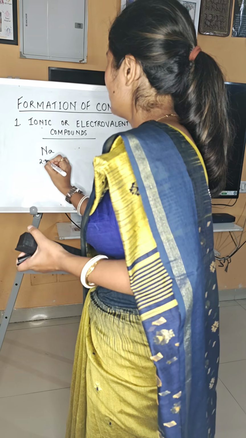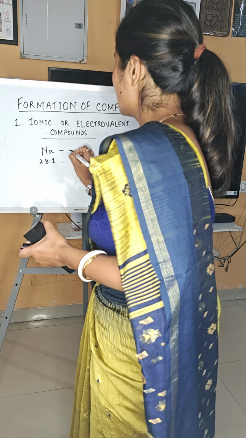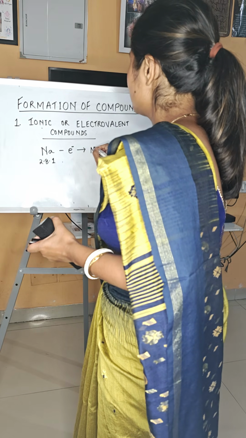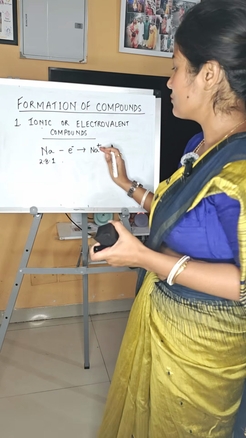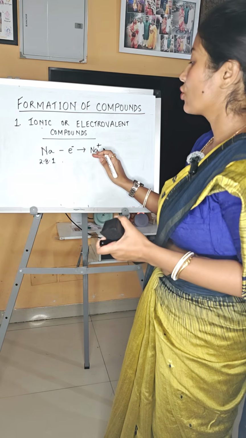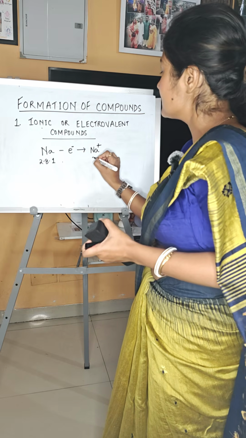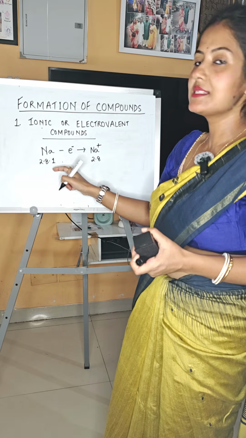Sodium, 2, 8, 1, will lose this one electron to form a positively charged species. When an atom loses electrons, it forms positively charged species called cations. Now, the electronic configuration of this cation is 2, 8 because it has donated this valence electron.